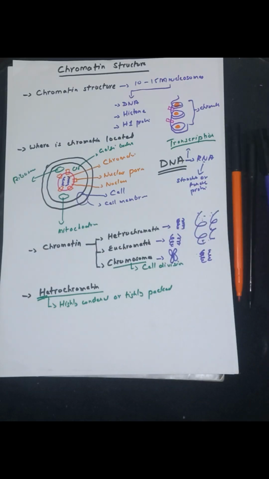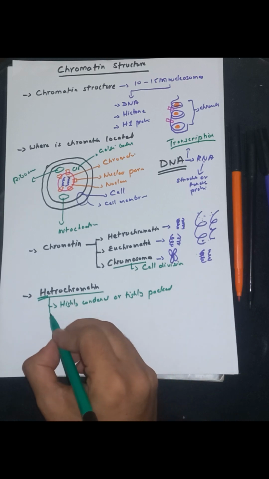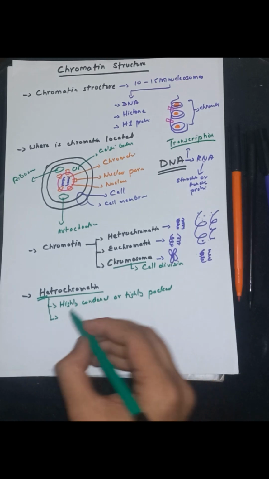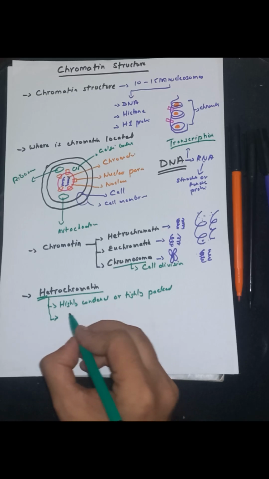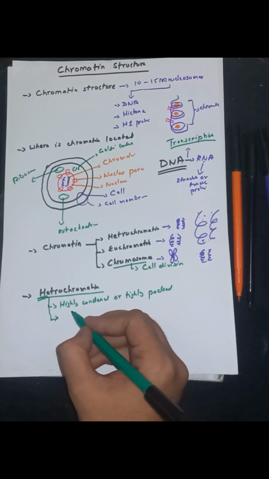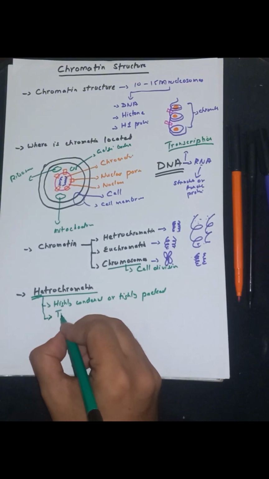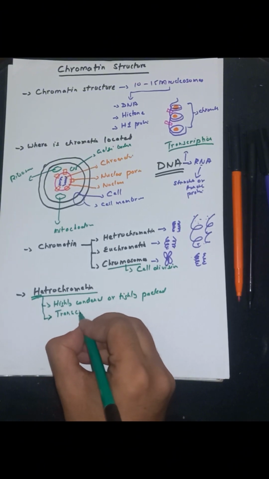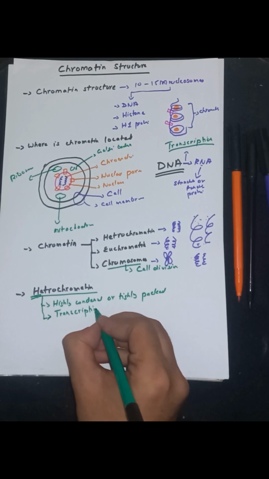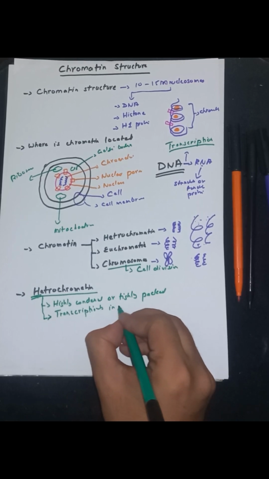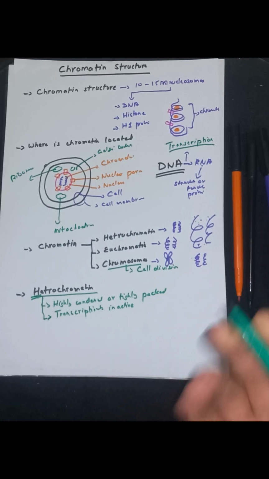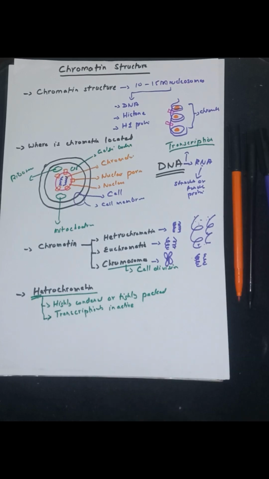So what is the second characteristic of heterochromatin? The first thing is that it is highly condensed. So if it is highly condensed, what will automatically happen? It will become transcriptionally inactive. This was mentioned in the USMLE book as well, that heterochromatin is highly condensed and is transcriptionally inactive.